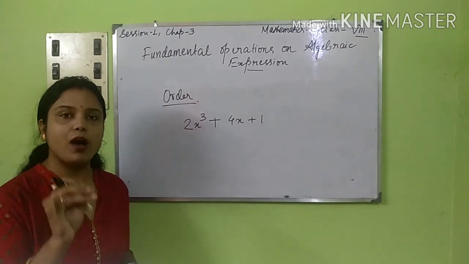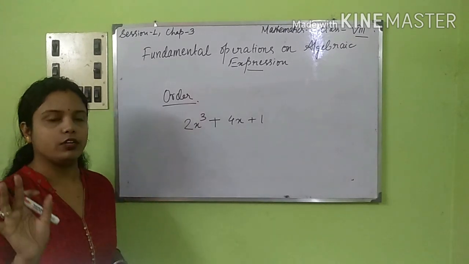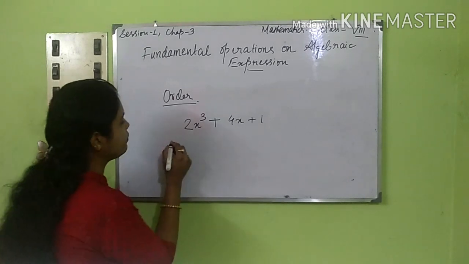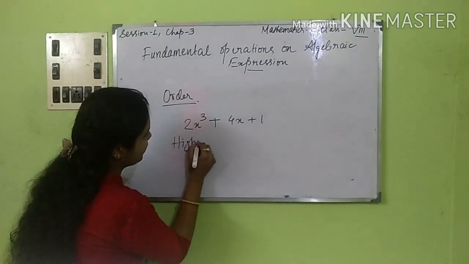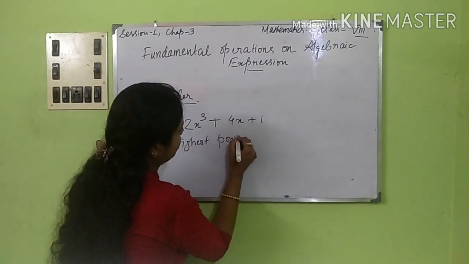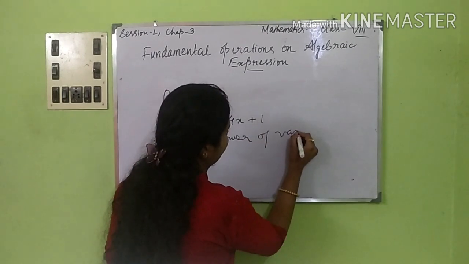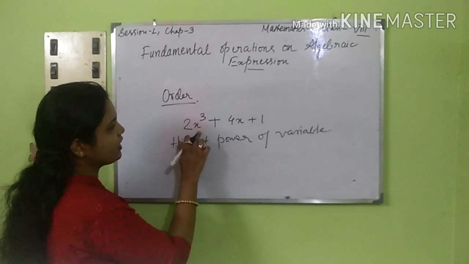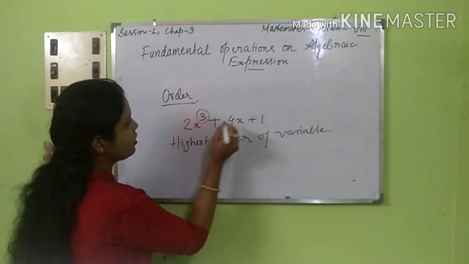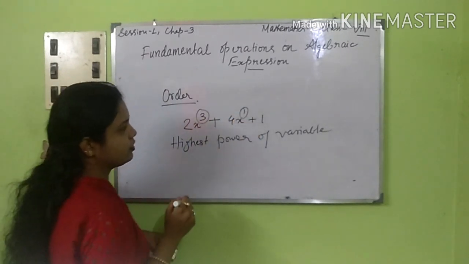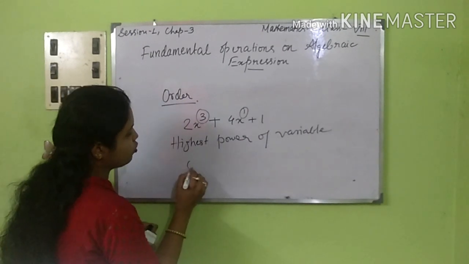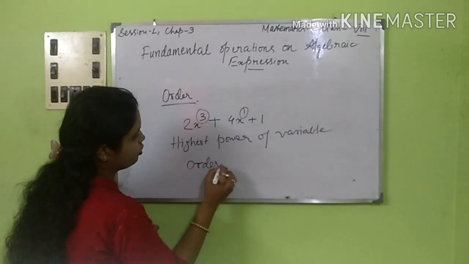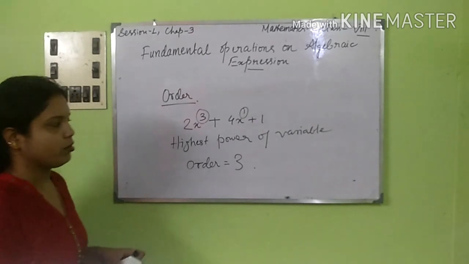The highest power of the variable will tell you the order. I am writing here, highest power of variable in the equation. So which is the highest power here? Here it is 3, here it is 1. So which is the highest power? 3. So the order of the polynomial will be equal to 3.